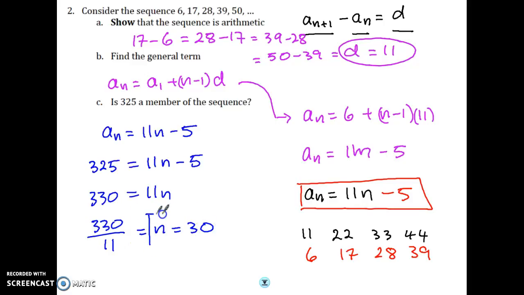Now, since n is an integer, we can confirm that, in fact, yes, 325 is a member of the sequence, because n is supposed to represent the position in the sequence. If we'd arrived at something like 30.795, clearly, because that's not an integer value, it can't represent a position in the sequence. So, conclusion, yes, 325 is a member.